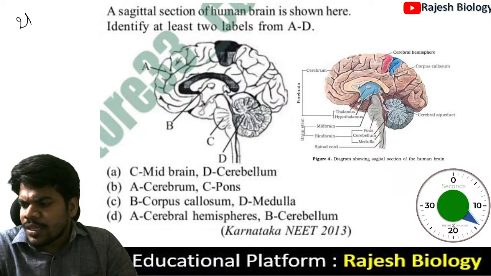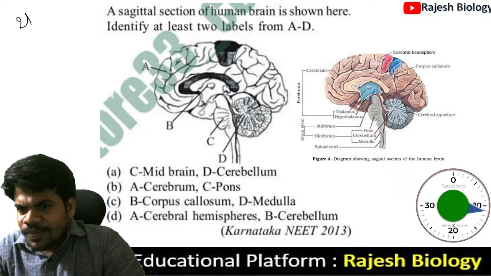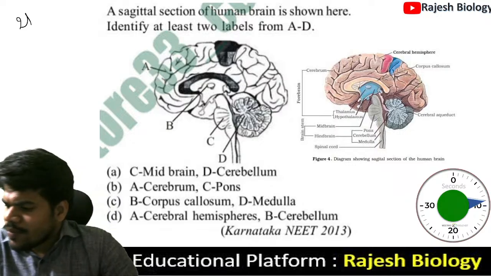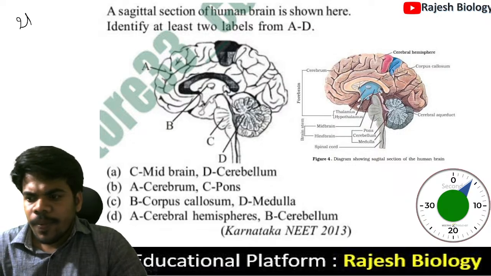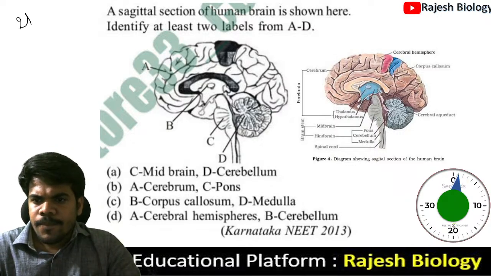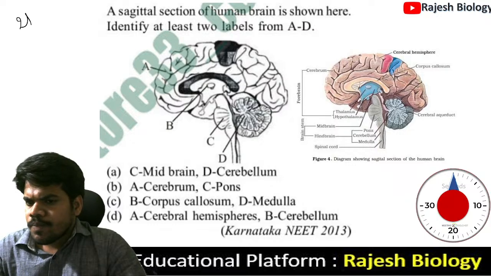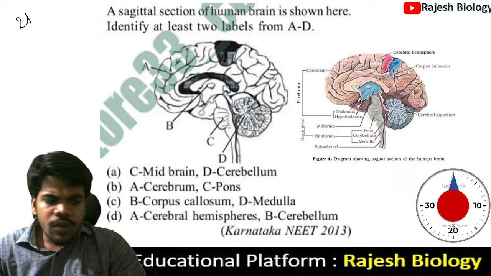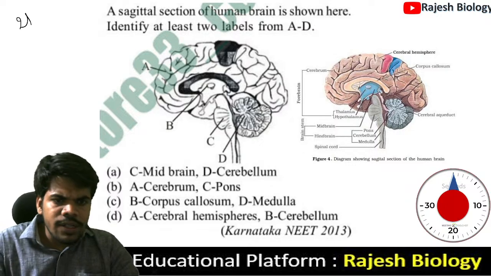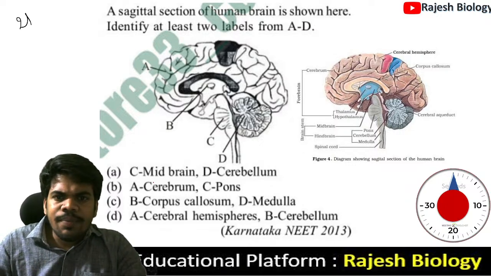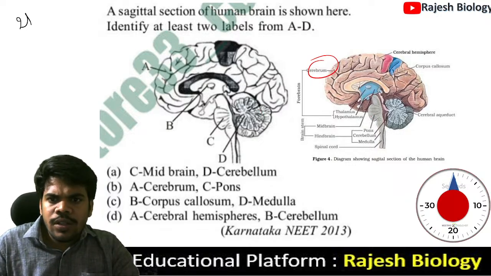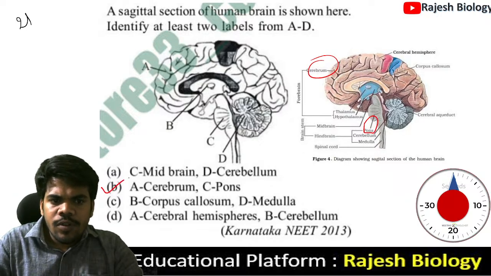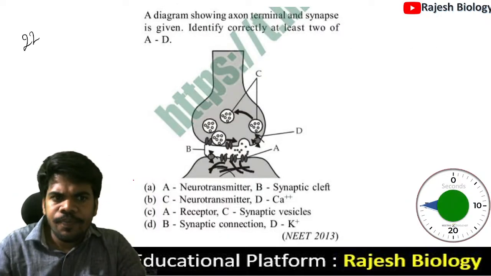So before it reaches the 30th second, try to answer. For this, the right answer is A cerebrum and C pons. So the right answer is B.